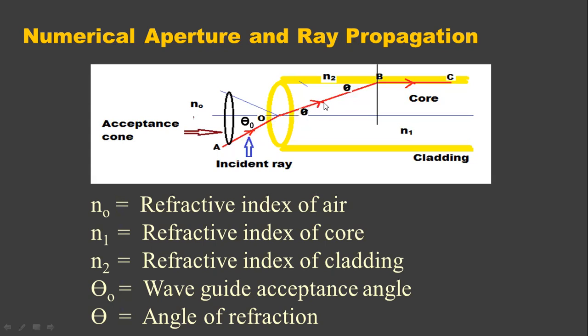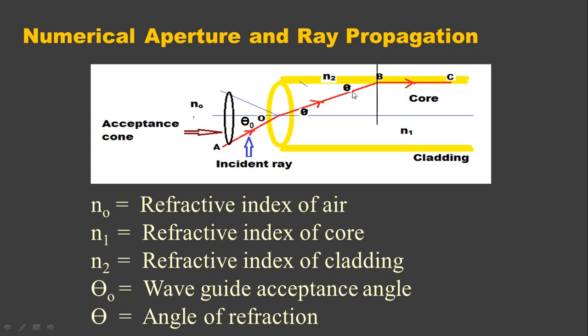This ray hits this point B, which is at the interface of core and cladding. At point B, the ray is grazing the surface of the core.